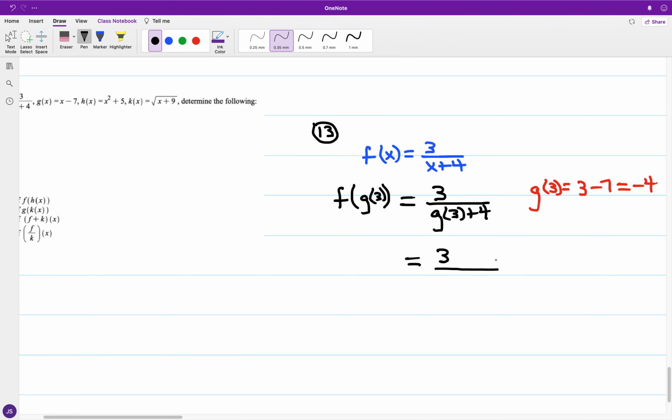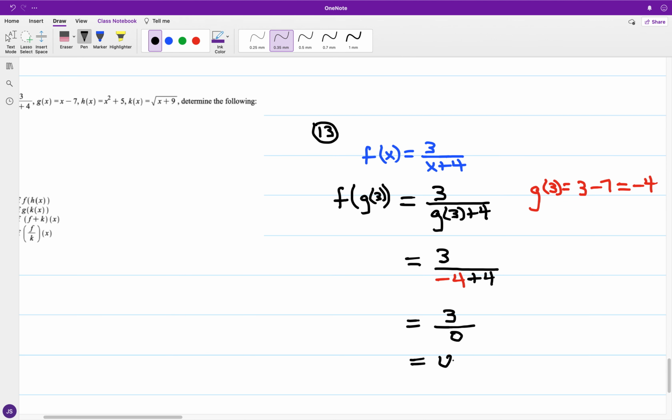So we're now looking at 3 over negative 4 plus 4. And guess what? We got 3 at the top. Negative 4 plus 4 is 0. And again, for a fraction to be defined, the denominator cannot be 0. It says it got 0 on the bottom.